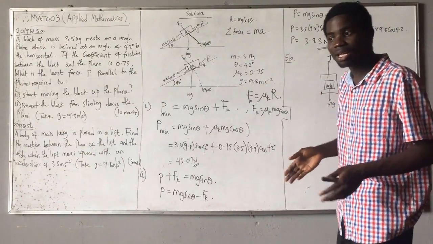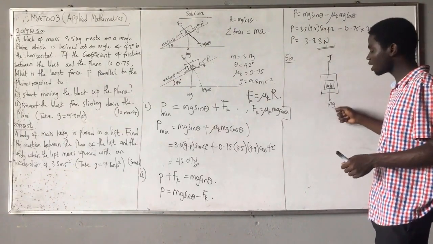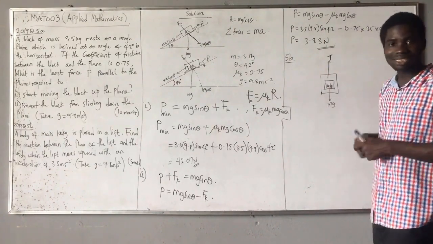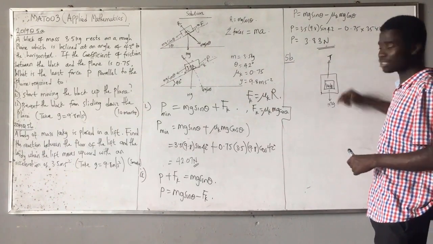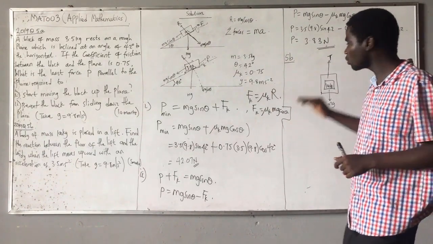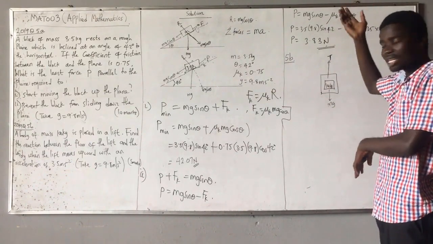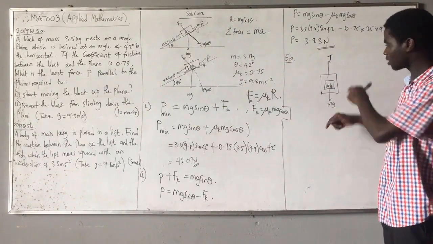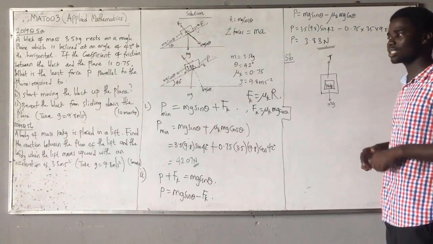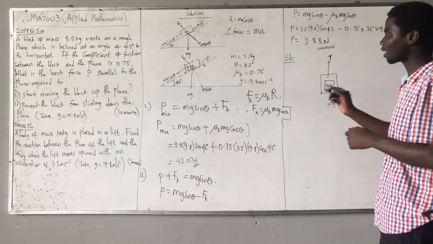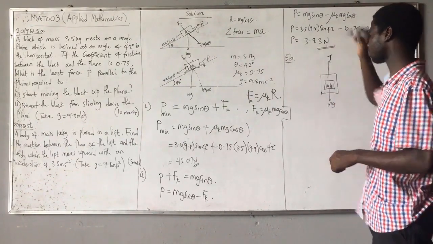Or if it is moving down, it means the weight is greater than the tension. The direction depends on which one is greater. If it's going up, that means the tension is bigger than the weight. That's why it's pulling it up. If it's coming down, that means the weight is bigger than the tension. That is why it's pulling it down. Do you understand?